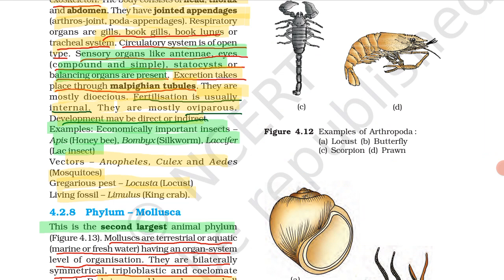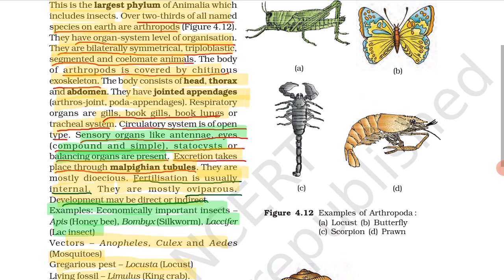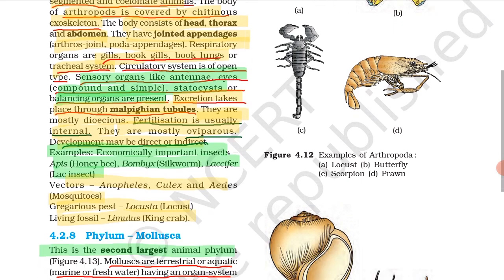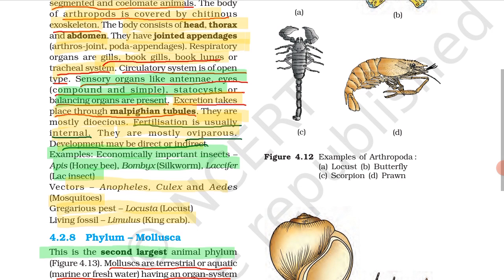Then gregarious pest means what? Locusta or locust. We have seen a diagram of locust earlier. See figure 4.12. In diagram A, this is called locust and the name is gregarious pest. Next is living fossil, Limulus, also called king crab.